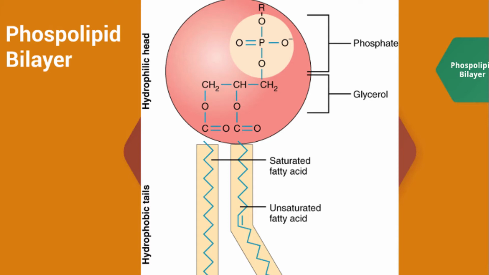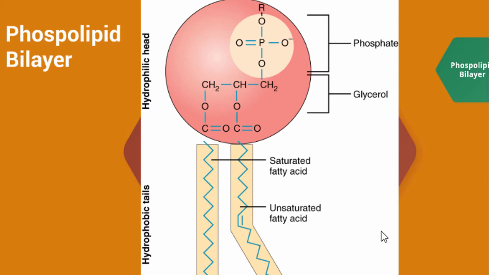The phosphate group is negatively charged, making the head polar and hydrophilic, or water-loving. Have you got it? A hydrophilic molecule or region of a molecule is one that is attracted to water. The phosphate heads are thus attracted to the water molecules of both the extracellular and intracellular environment.